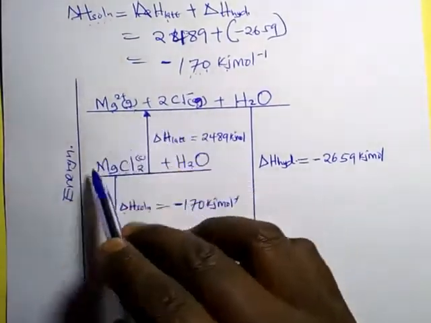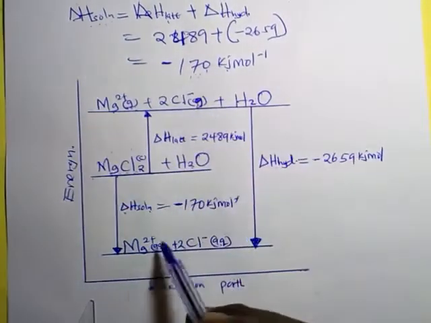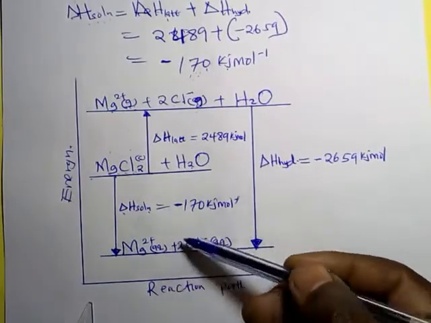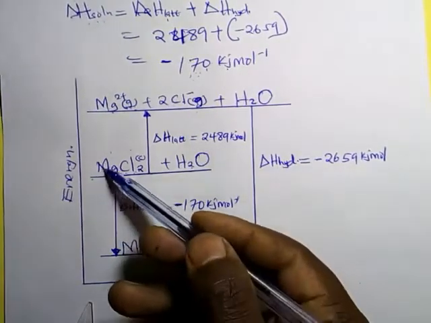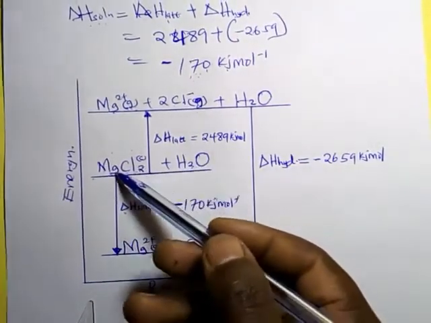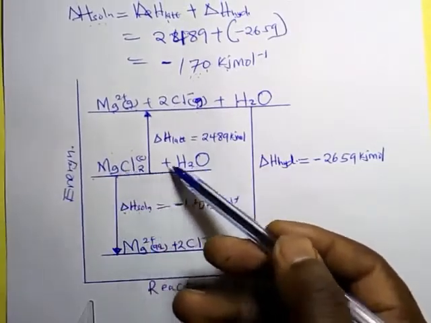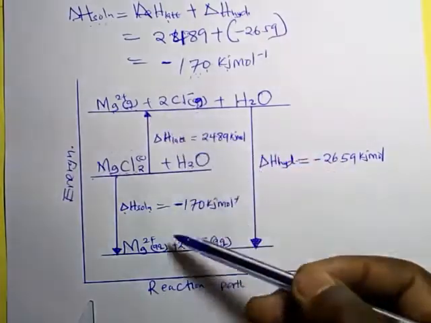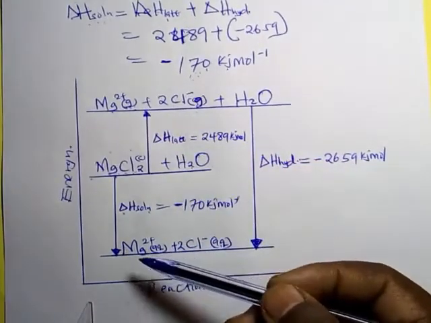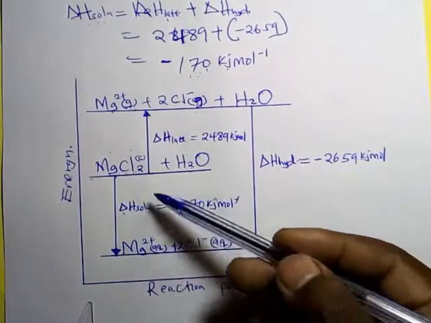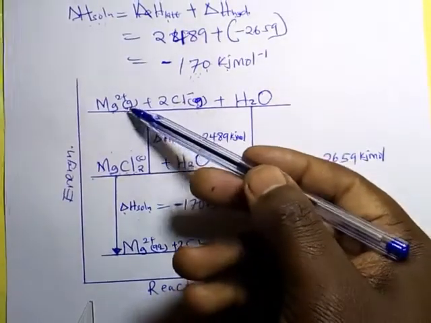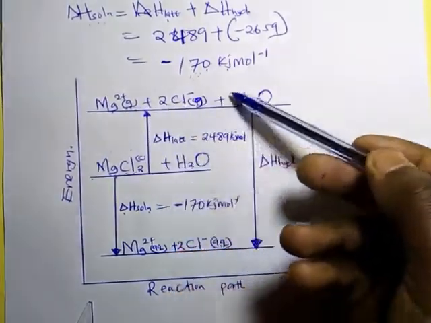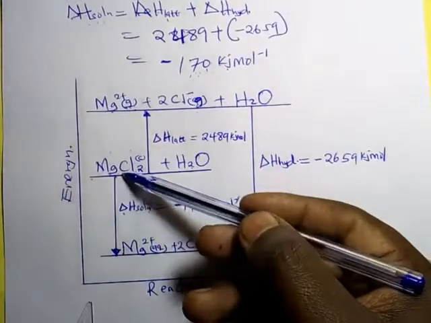Because the overall reaction is exothermic, you must ensure that the products have lower energy than the reactants. These are the reactants: magnesium chloride plus water, dissolved to form an aqueous solution. The process can be taken in two steps. It can either go to the gaseous form and then come to aqueous, or it can go directly.